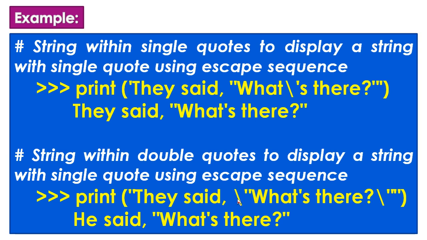In this one we are using the backslash in front of the double quote. Here also there are two double quotes printed. To print the double quote, we should use backslash, that is the escape sequence, in front of the double quotes. So in this manner we are printing single quote and double quote.